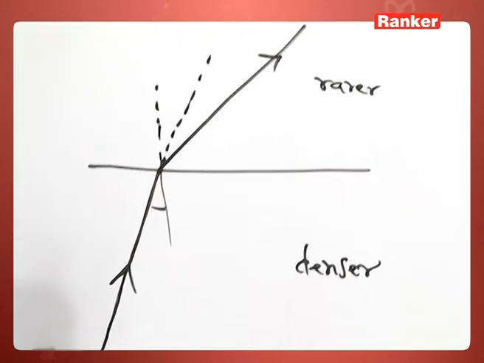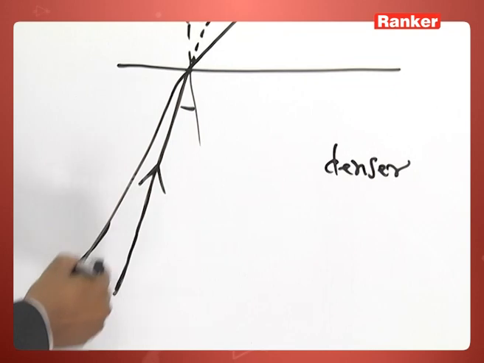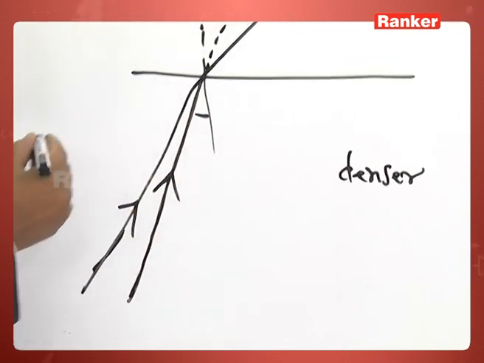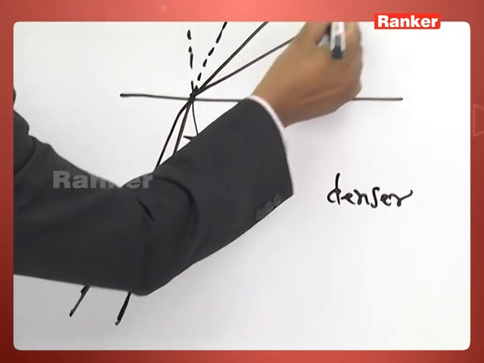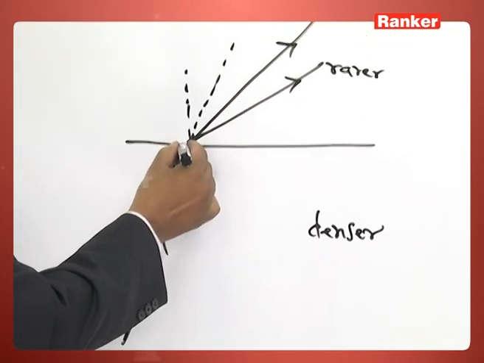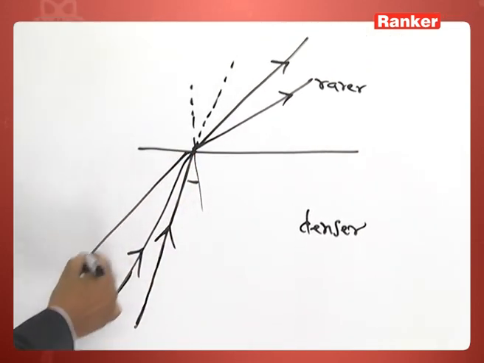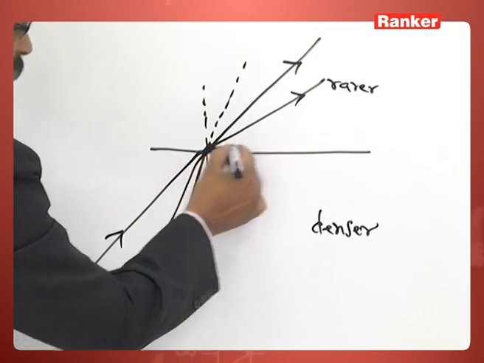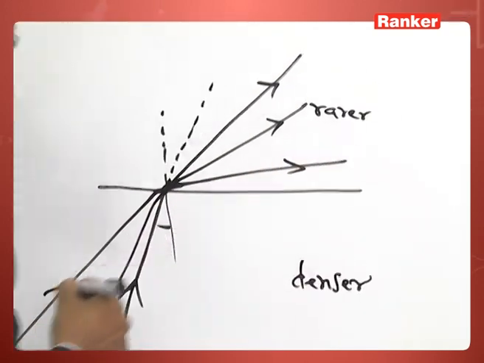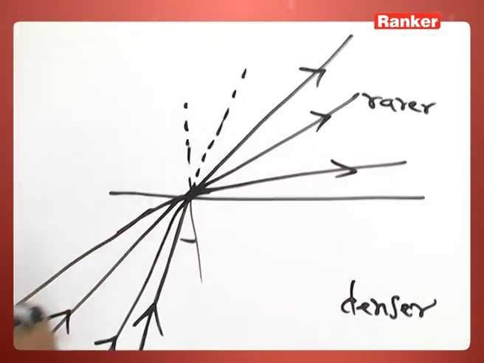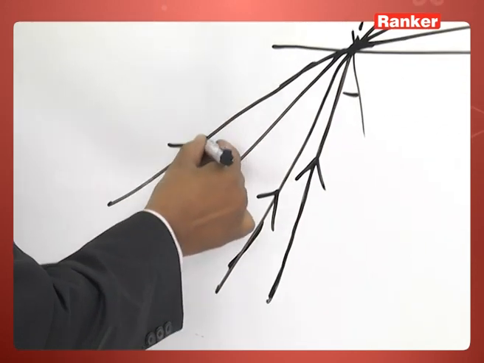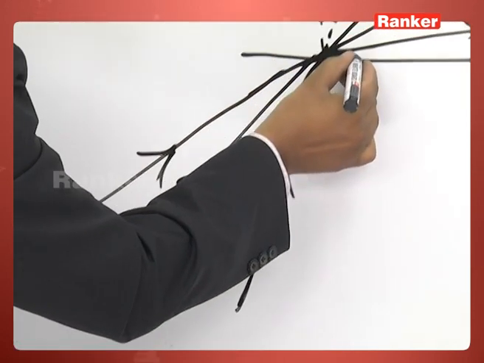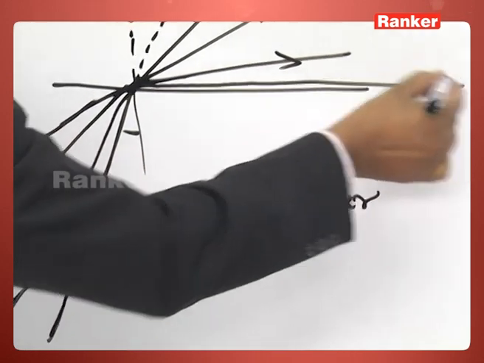So what if the angle of incidence is further increased? If I increase the angle of incidence, the ray further bends away. And a stage will come when the ray just manages to graze out.